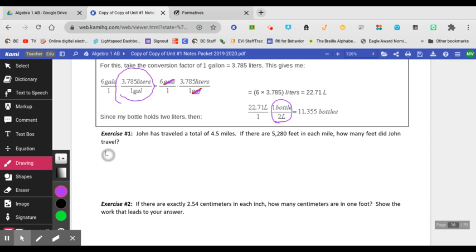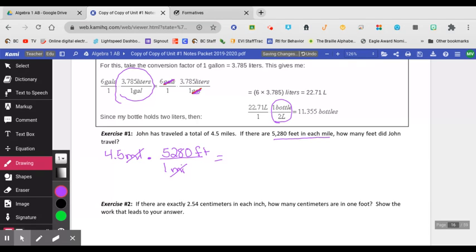So we know he went 4.5 miles. And then we have our conversion factor that 5,280 feet is 1 mile. We want to multiply so that the unit we already have divides out. So since miles is in our numerator, I'm going to put 1 mile in the denominator and 5,280 feet in our numerator. Our miles divide out, so then we multiply across.